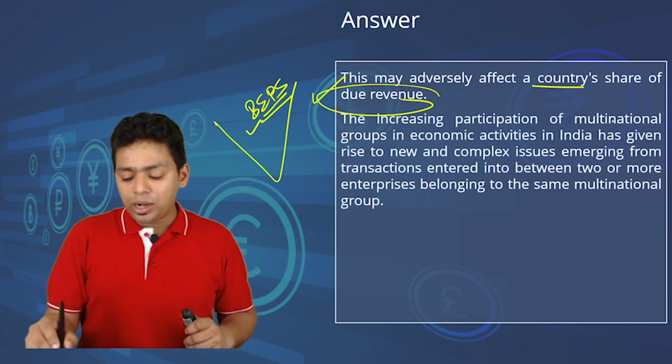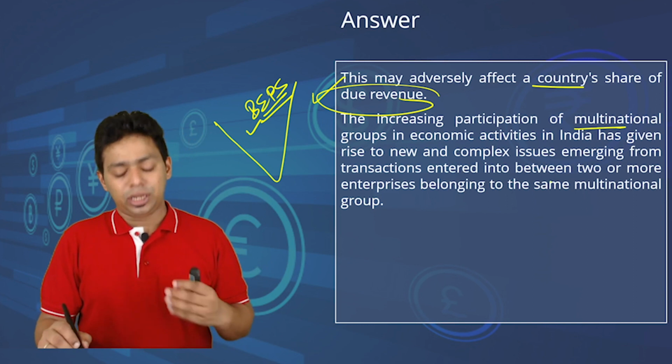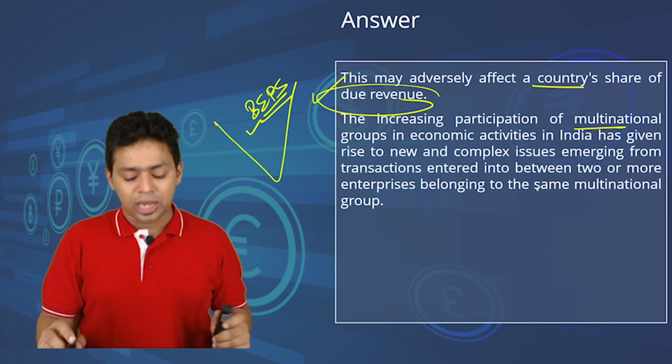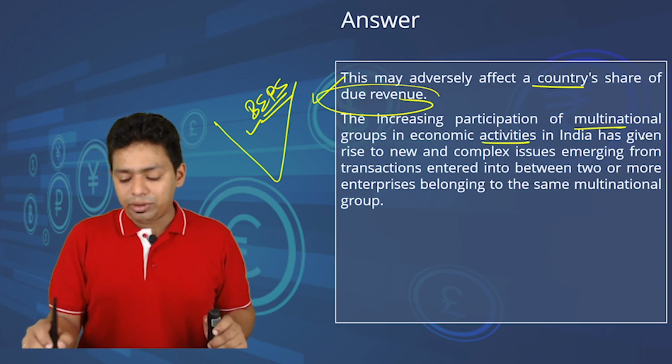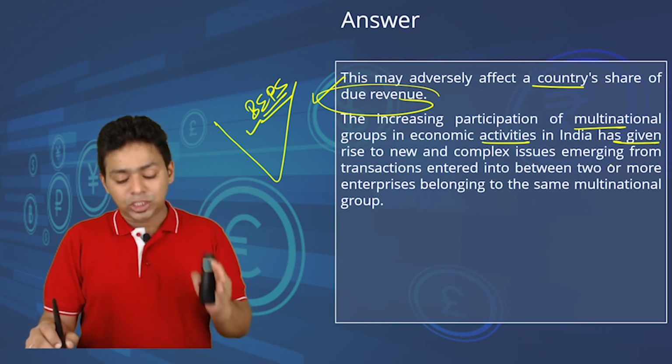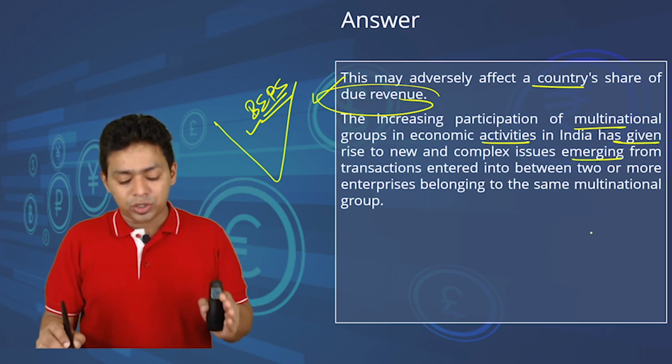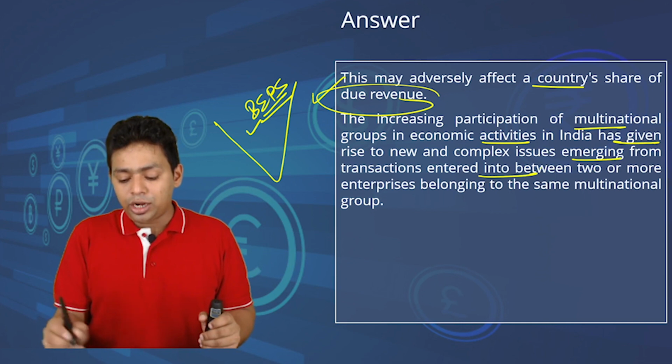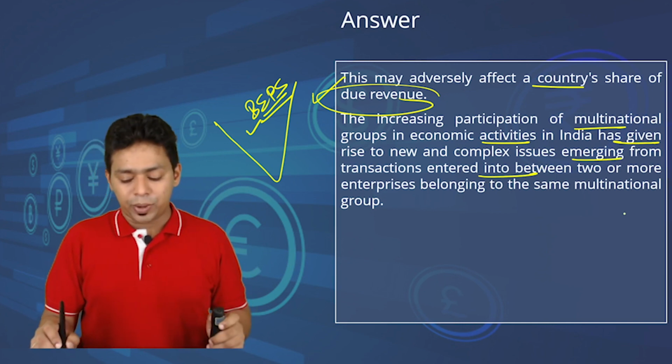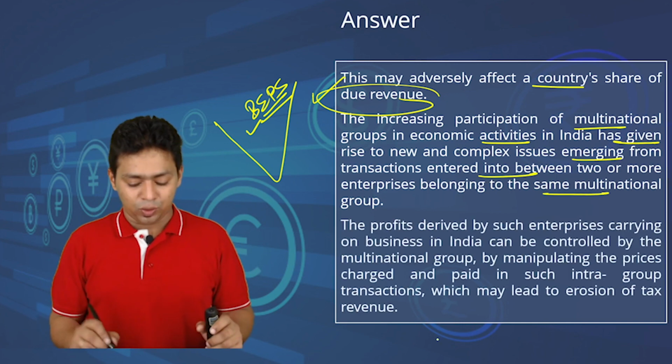The increasing participation of multinational groups in economic activities in India has given rise to new and complex issues emerging from the transactions entered into between 2 or more enterprises belonging to the same multinational group.